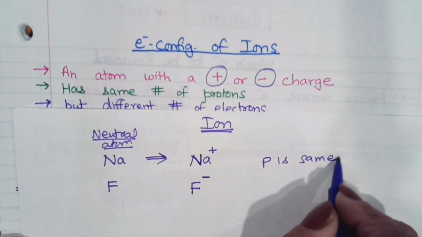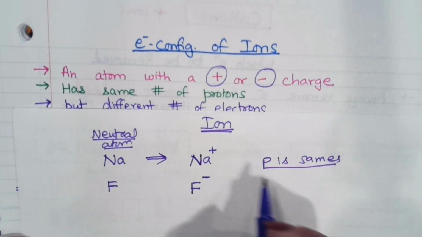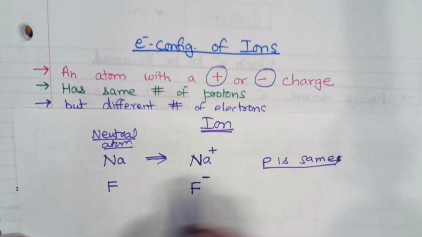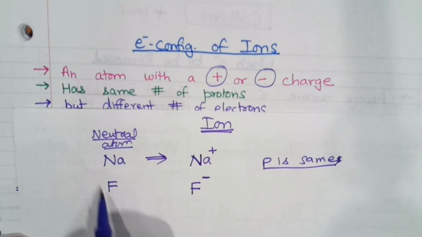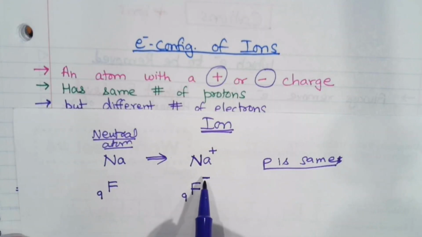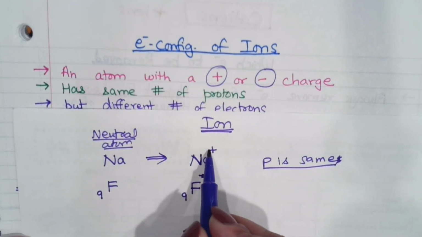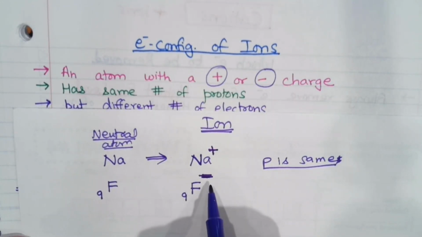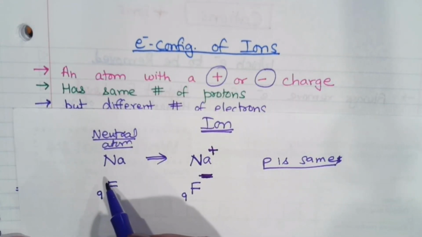The protons do not change when we make an ion. Fluorine is still fluorine. Fluorine has 9 protons and the fluoride ion has 9 protons. The only thing that is different is the number of electrons. It's the number of electrons that gives a positive or a negative charge to a neutral atom.